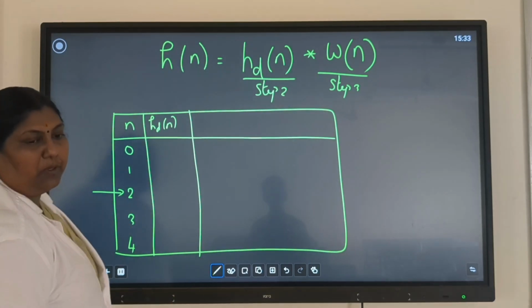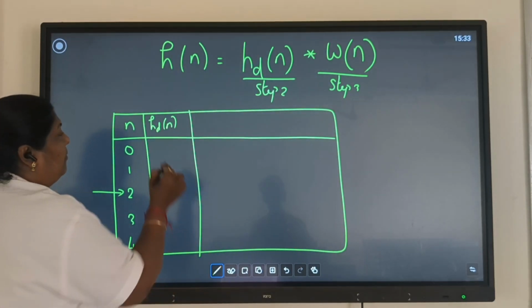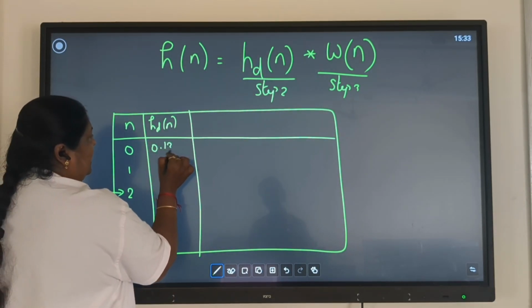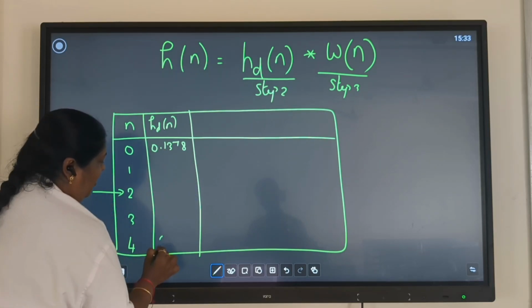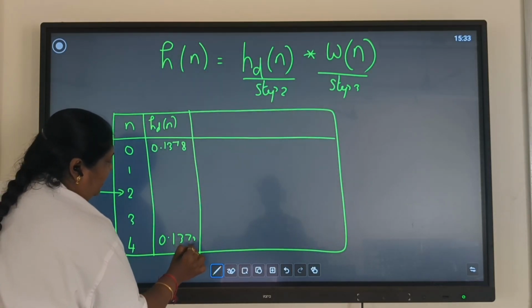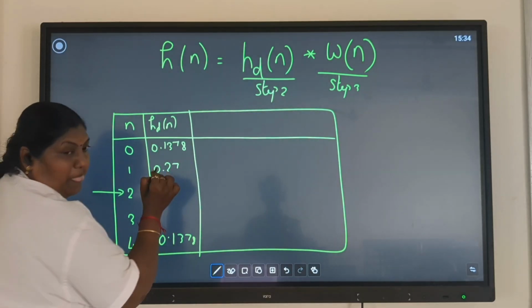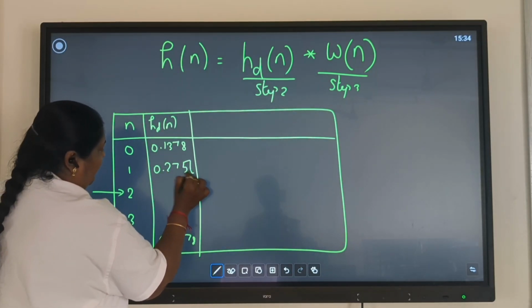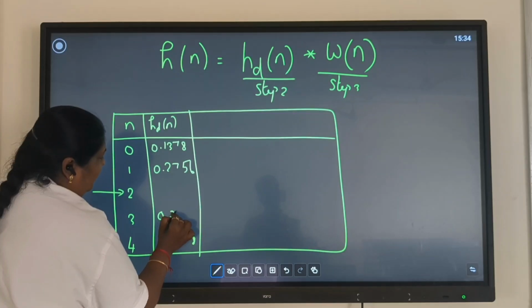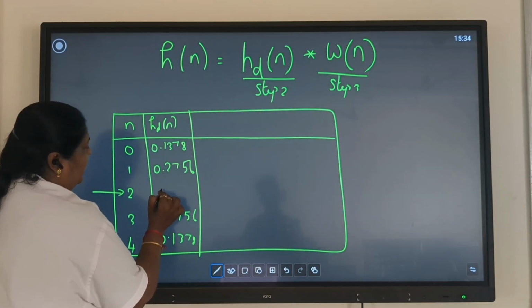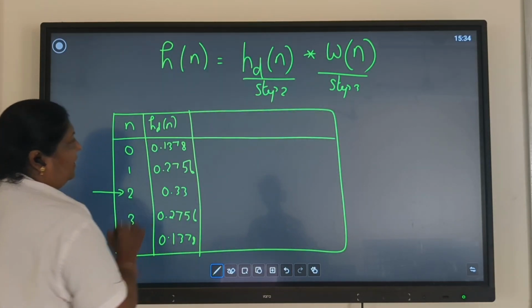What is the value in step 2? I have got 0.1378, 0.1378 here, 0.2756, 0.2756. This value is 0.33.